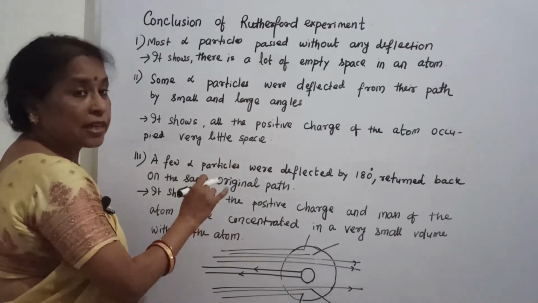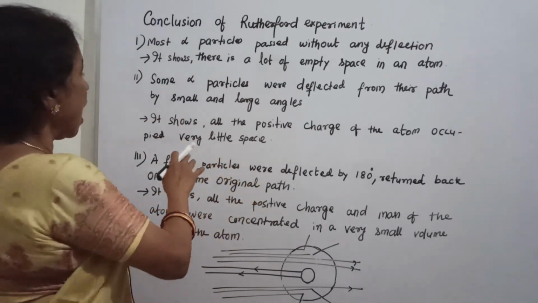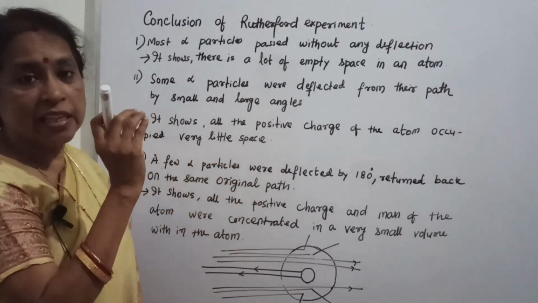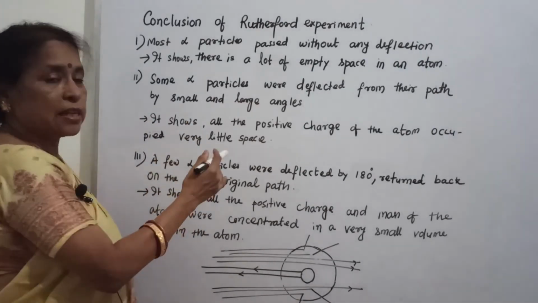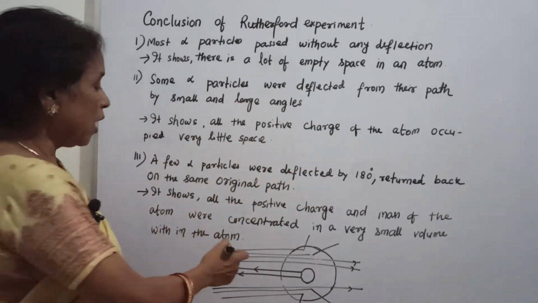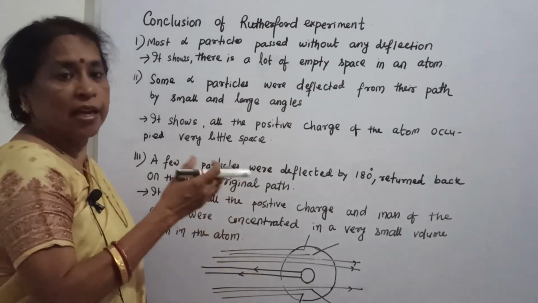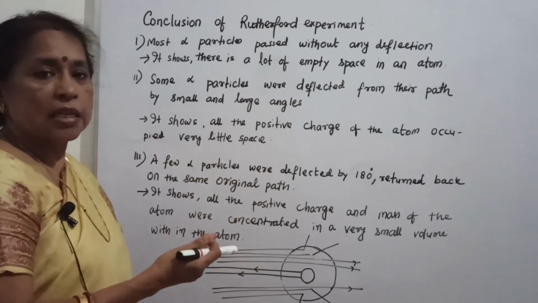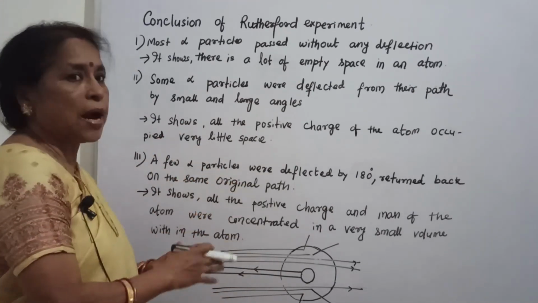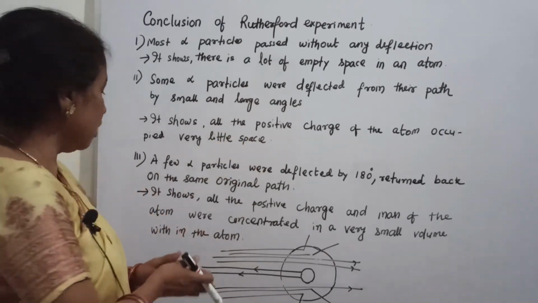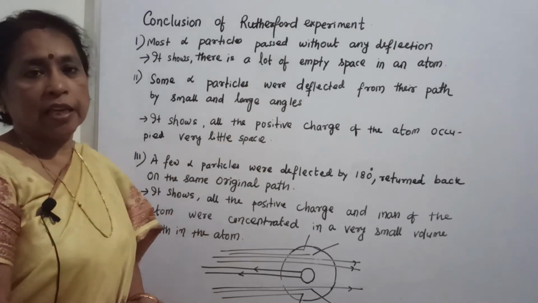The positive charge occupies a very little space, and since a few particles come back at 180 degrees, the mass and positive charge are concentrated in a very small space within the atom.